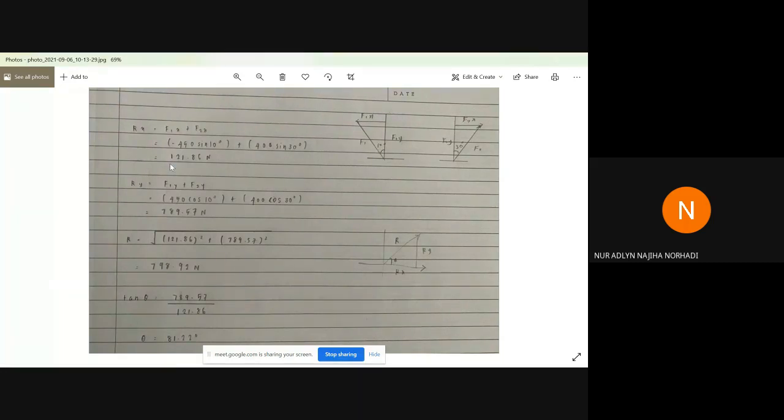Lepas tu dapat 121.86 Newton. Lepas tu untuk vertical pula 450 cos 10 tambah dengan 400 cos 30. Lepas tu dapat 789.57 Newton. And then dia punya resultant dapat 798.92 Newton.